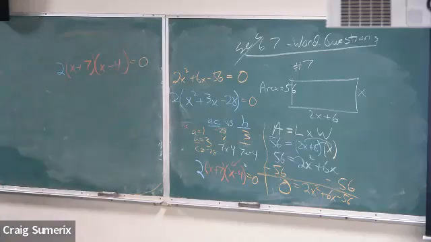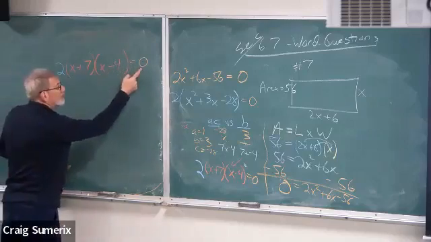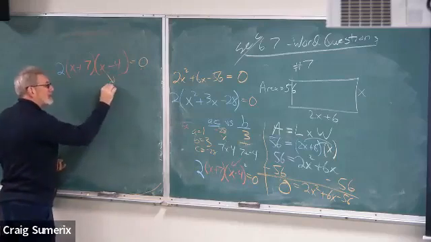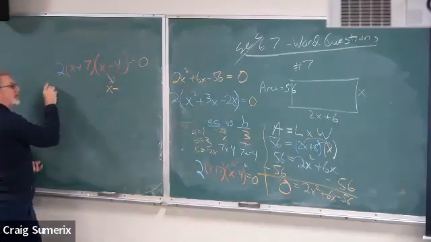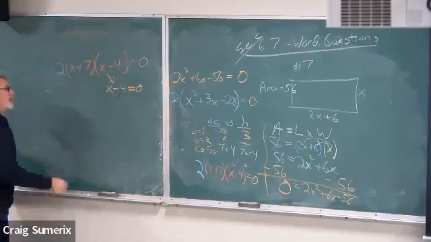Okay. What now? Can we put all of them to 0 and then find our answer? The whole point of having it multiplied, because it's equal to 0, is that each of the parentheses, each of the parts, could be equal to 0. So x minus 4 is equal to 0?